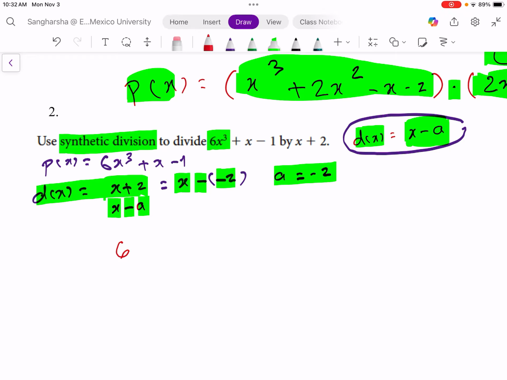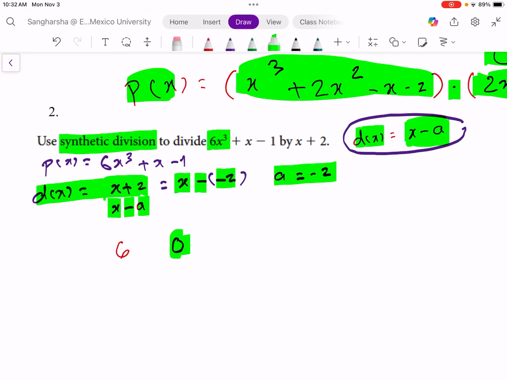Now do we have an x square term? We do not have. And if that is the case, then we use 0 as a coefficient. So if there is any missing term, always make sure to keep 0. Our x square term is missing, and because of that we have 0 here.